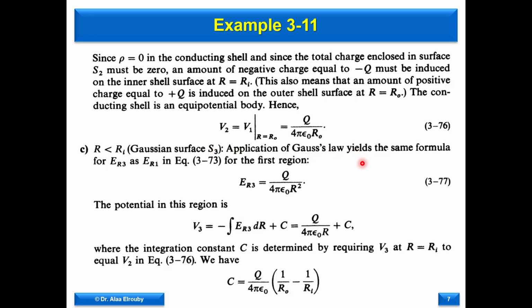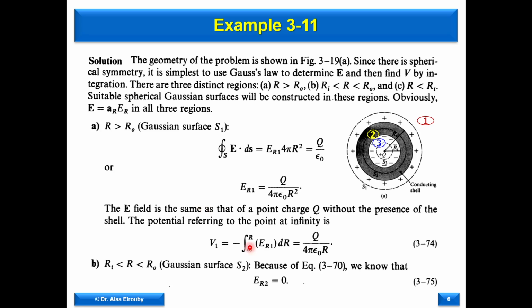Okay, if we go for region number 3, which is inside the conducting shell, and apply Gauss's law, we'll find that the electric field in region number 3 equals Q over 4 pi epsilon naught R squared. To find the potential in region number 3, we need to find the electric potential difference between this point, where the potential is known, and the point of interest.